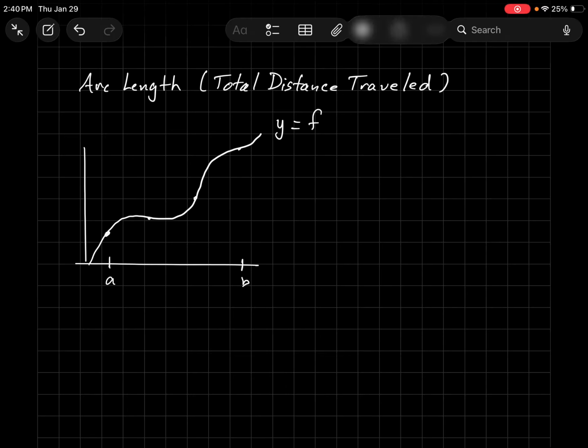And let me start back in rectangular, y equals f of x. Because it's very similar finding arc length in parameterized form as it is in rectangular form.